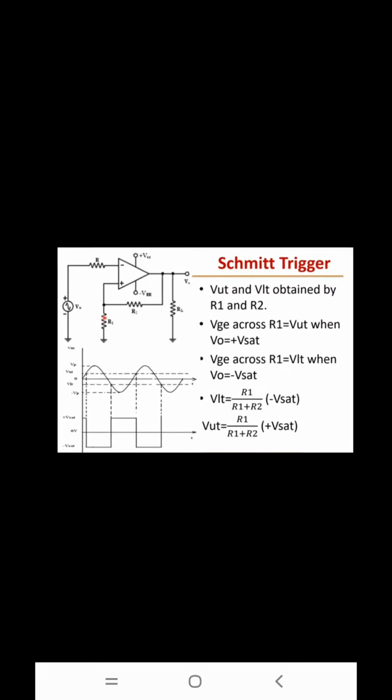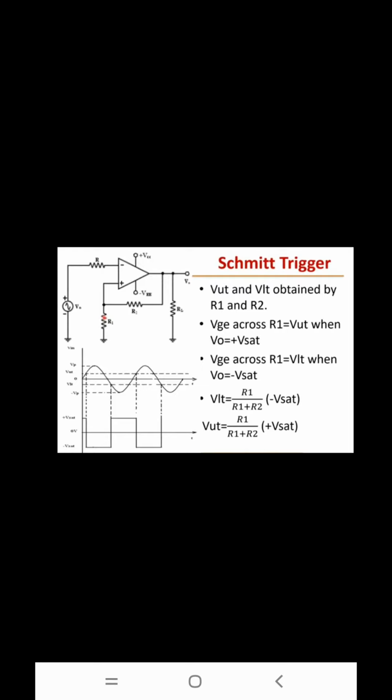On the other hand, when V0 is equal to minus Vsat, the voltage across R1 is referred to as the lower threshold voltage, VLT. Here Vin must be slightly more negative than VLT in order to cause V0 to switch from minus Vsat to plus Vsat.